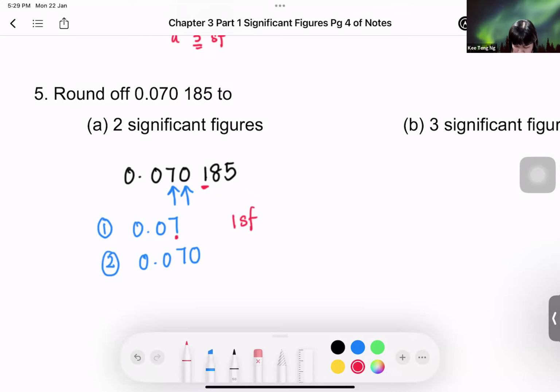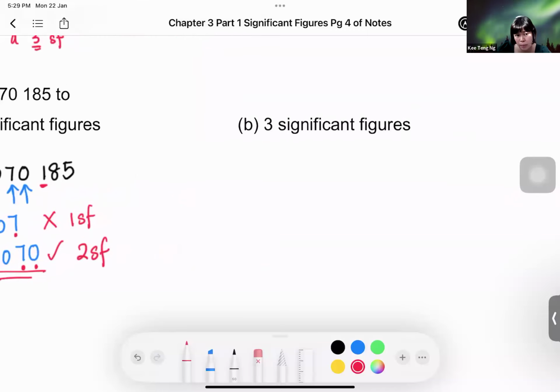So this will be the wrong answer. So why is 0.070 the correct answer? Because I have my first non-zero number, 1 sig fig, and the number at the back, 1 more 0, to give me the answer to 2 significant figures. So this will be the correct answer. Have you gotten the concept?